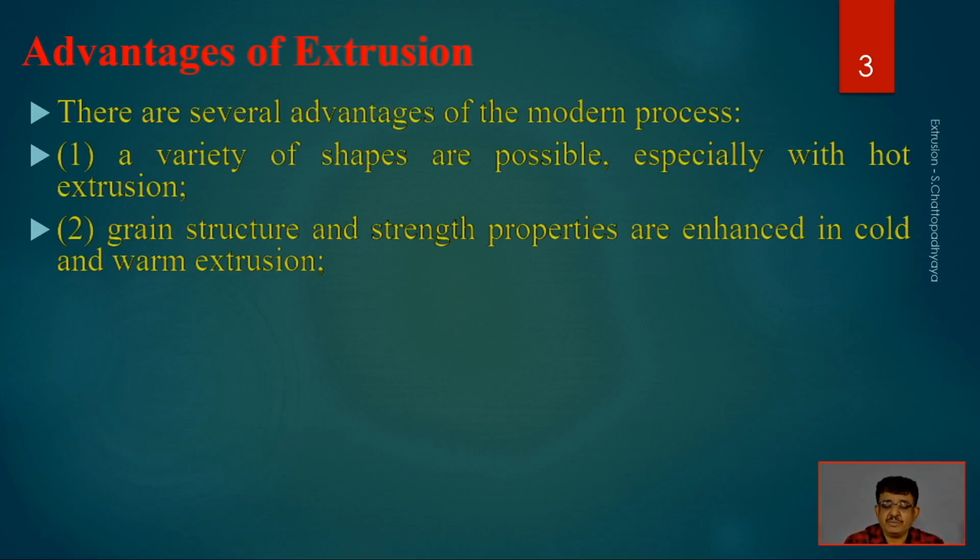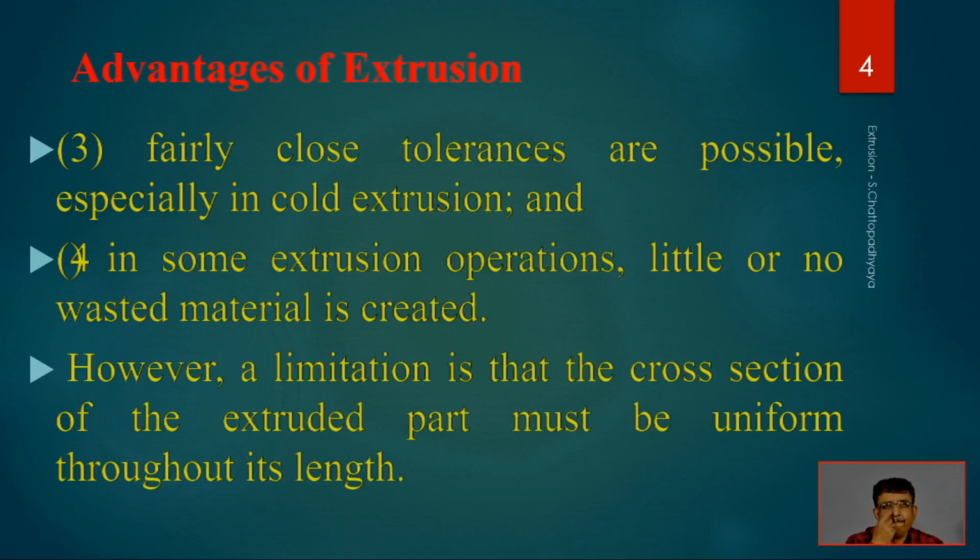Near net shape or net shape manufacturing is possible. So fairly close tolerances are possible, especially for cold extrusion, because dimensional uncertainty in any cold forming process is favorable. So it is dimensionally very reliable, but not that reliable in terms of hot extrusion. And in some extrusion operations there is little or no wasted material.